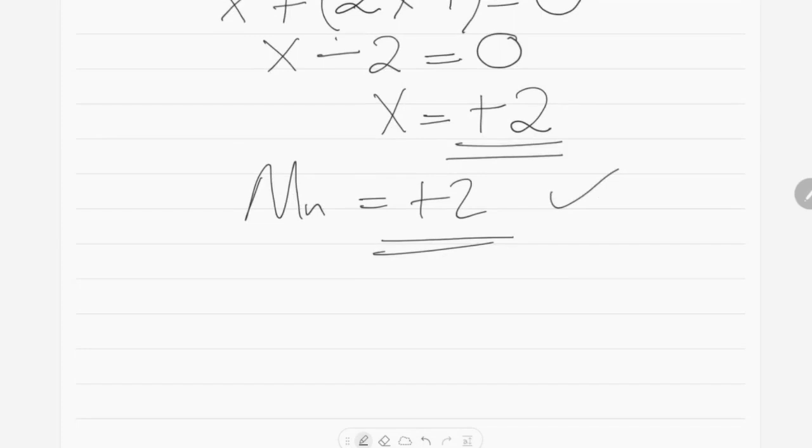Without wasting much time, we're quickly going to look at the last question, which is question 5.